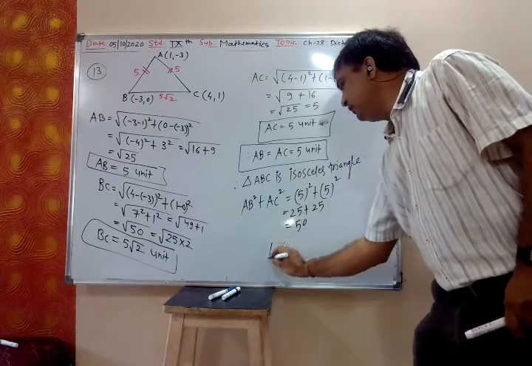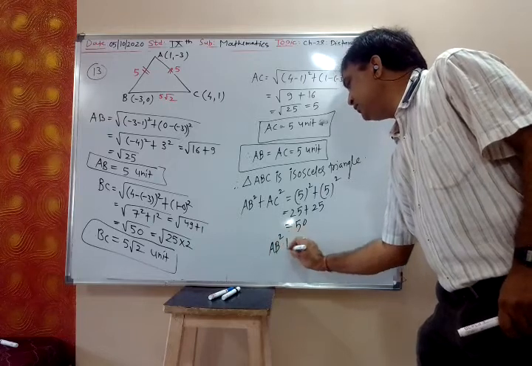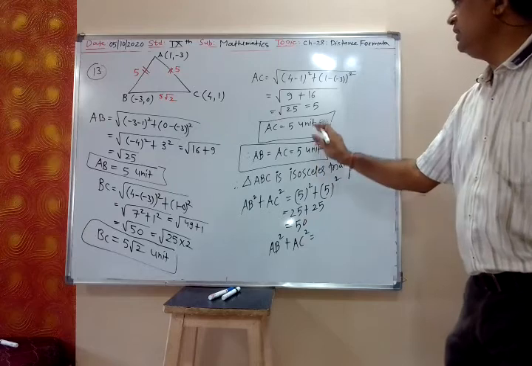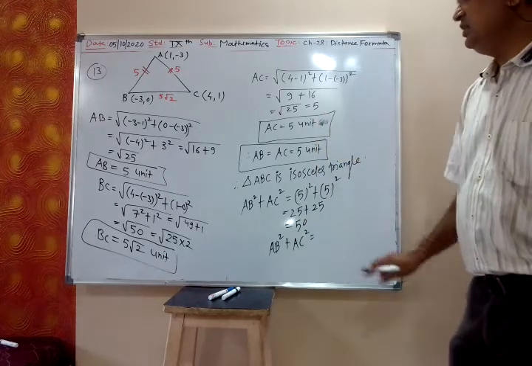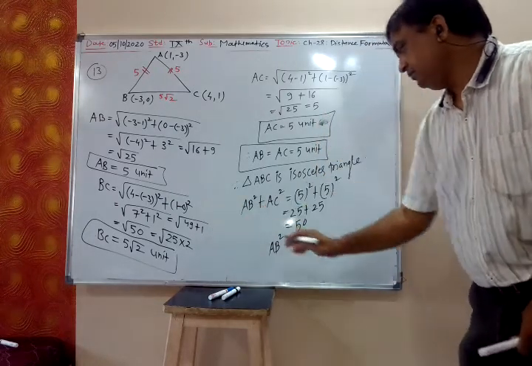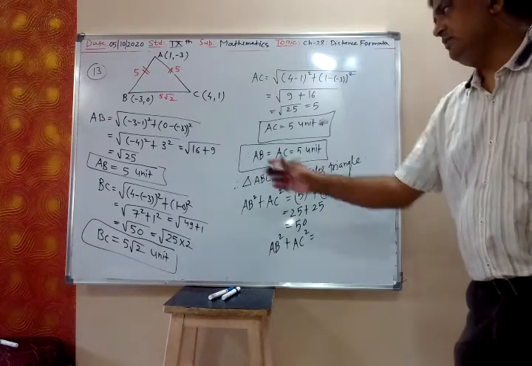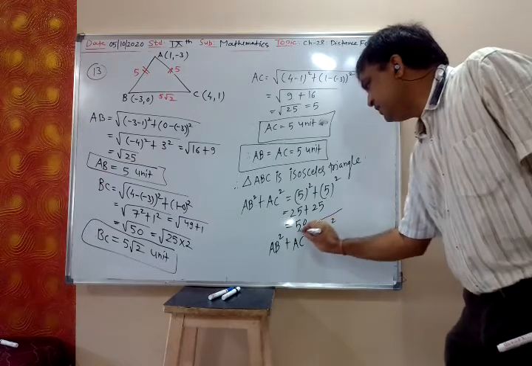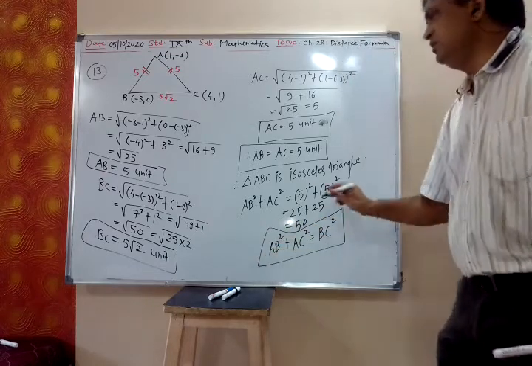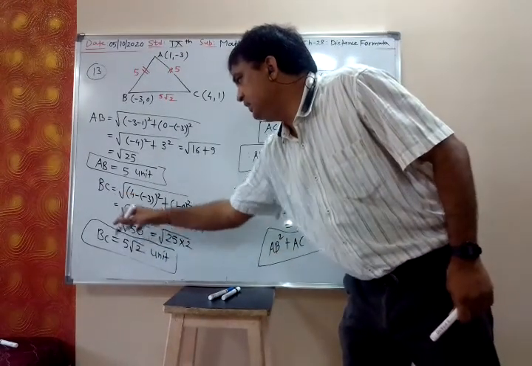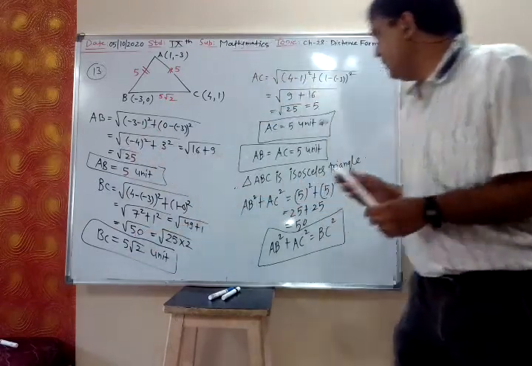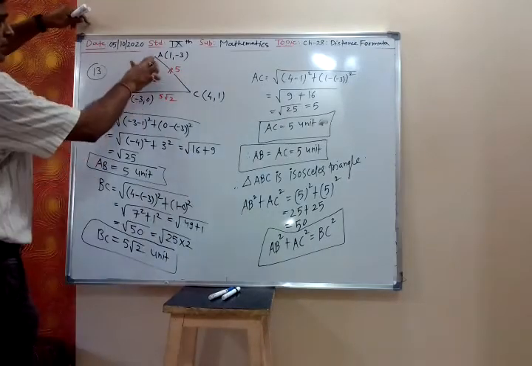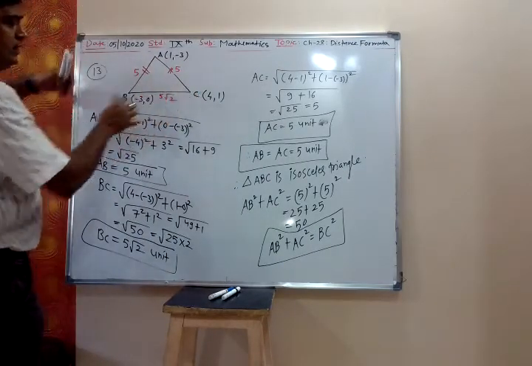So AB square plus AC square is 50. What is 50? It is nothing but BC square. So AB square plus AC square is BC square.